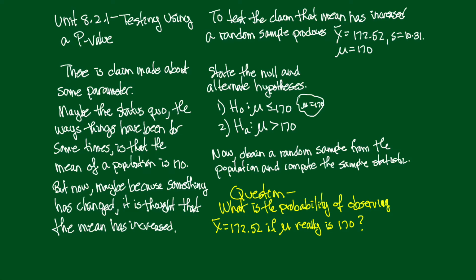So now the question that we're going to have is this. In our example, we're going to ask, what is the probability of observing this value here if mu really is 170? So if the mean of the population truly is 170, how likely is it that we're going to take a sample and get 172.5?